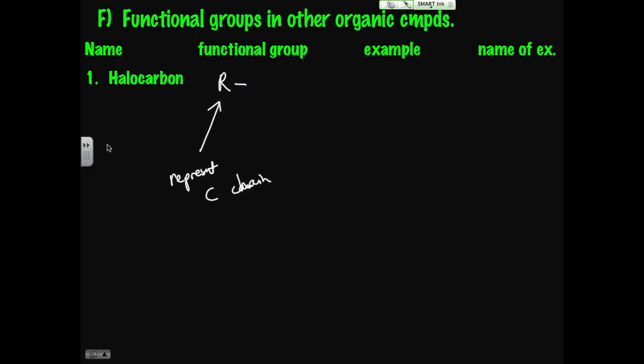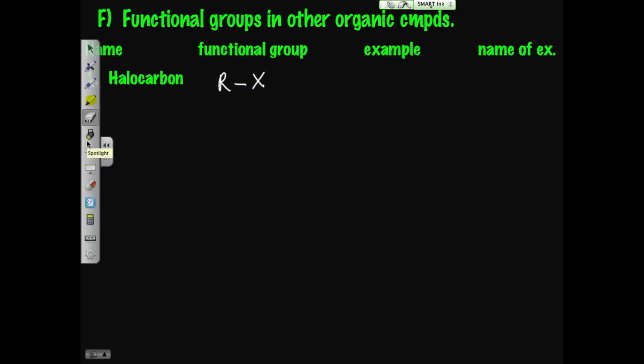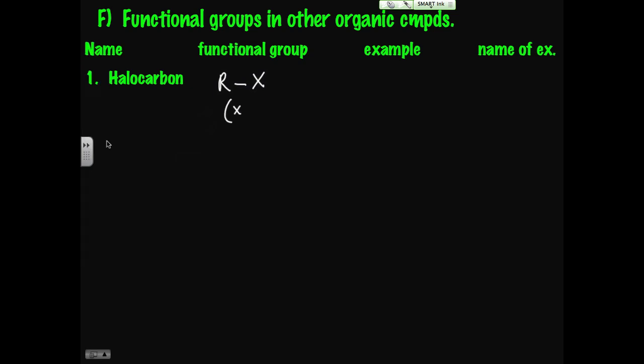Whenever you see an R, it's like a variable for carbon chains. And then the X in this case represents any halogen. So it could be fluorine, chlorine, bromine, iodine, etc.